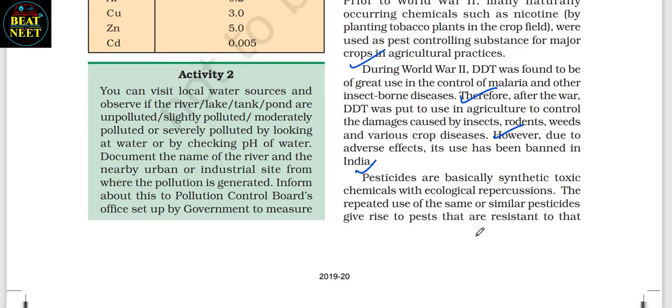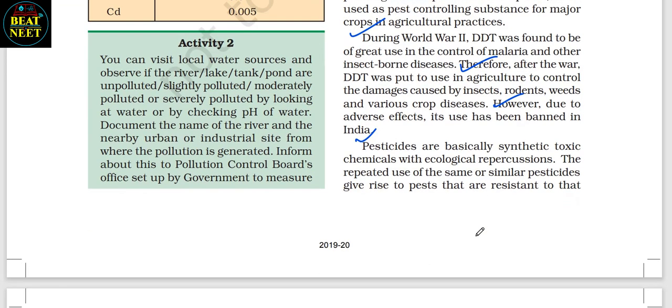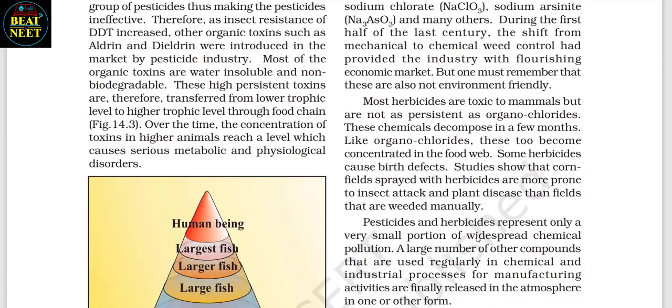Pesticides are basically synthetic toxic chemicals with ecological repercussions. The repeated use of the same or similar pesticides gives rise to pests that are resistant to that group of pesticides, thus making the pesticides ineffective. Therefore, as insect resistance to DDT increased, other organic toxins such as aldrin and dieldrin were introduced in the market by the pesticide industry.